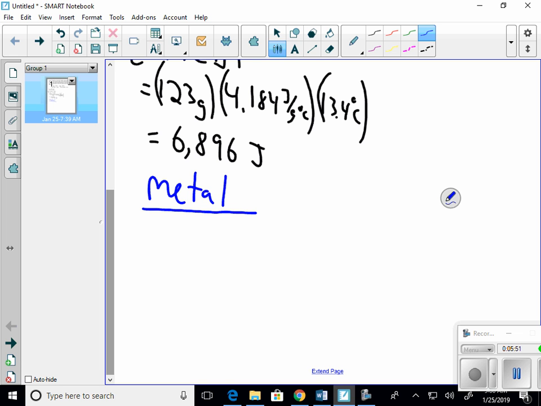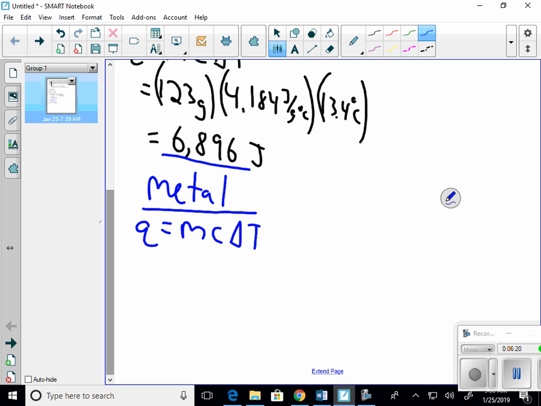So what we're going to do is go back to Q equals MC delta T. I know my Q value already. It's what I just solved for up here. However, does the metal that starts off in boiling water, again, looking at your lab benches, ring stand with a water beaker in there, and we're putting metal in boiling water, and then putting it in a cup in room temperature.